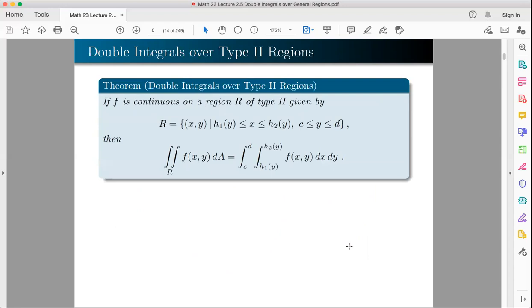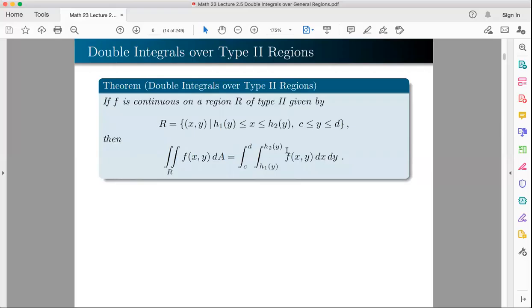If we have a region R of type 2 and our function f is continuous on this region, then we can define the double integral of f over R to be the double iterated integral, where the outer integral from c to d is with respect to y, and the inner integral from h sub 1 of y to h sub 2 of y is with respect to x.